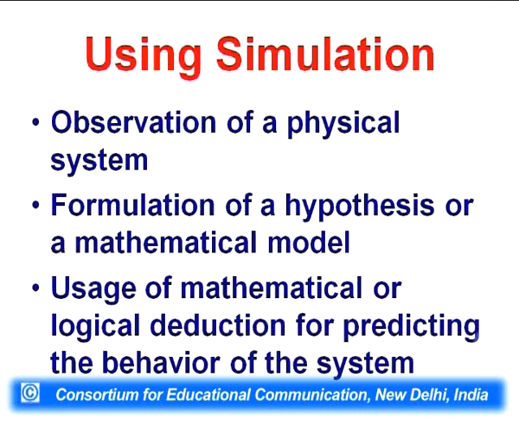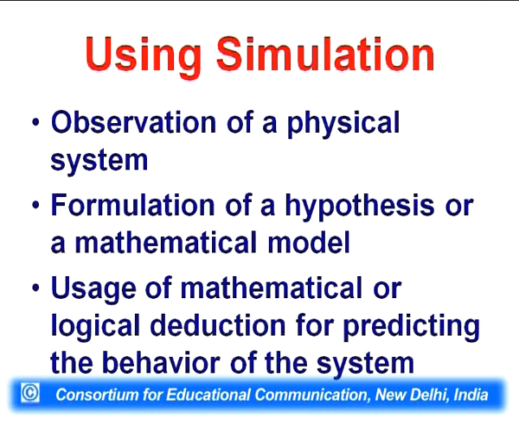Now we'll discuss using simulation. Observation of a physical system. The physical system is to be seen thoroughly to know all its characteristics, all its features. Then formulation of a hypothesis or a mathematical model out of all these features.